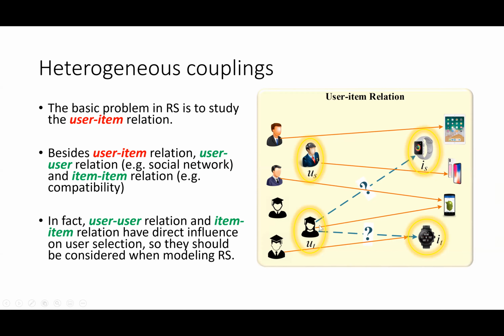So that's from the user perspective. And from the item perspective, you look at the similarity between items. If IS was purchased by UT, and US and UT are somehow similar, then you could recommend IS to this user. Or if there's another new item similar to IS, I could recommend that new item to UT, right?